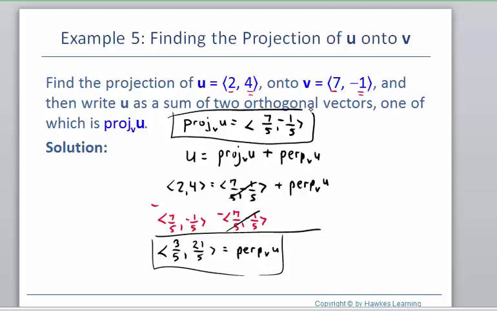All right, so now we have essentially done what they asked us to do because they wanted us to write vector u as a sum of two orthogonal vectors. So now that we know what those vectors are, let's actually go in and add them together.